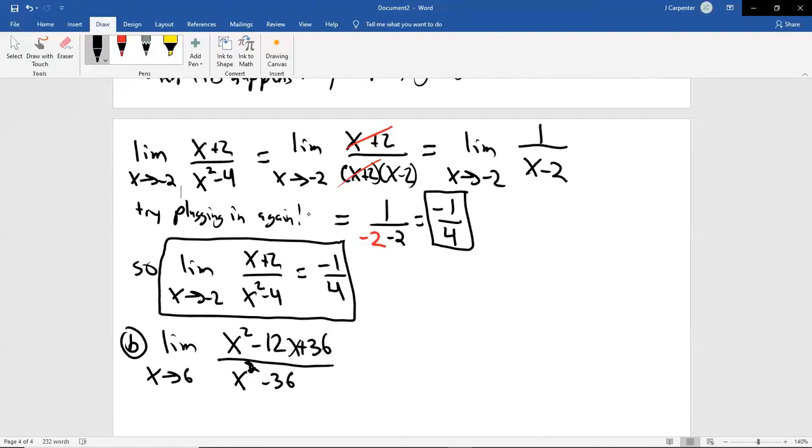So I'm going to go ahead and tell you if you plug in 6 into this problem, I'm not going to show the work. The top and the bottom will both be 0. In the bottom, 6 squared is 36. 36 minus 36 is 0. In the top, 6 squared is 36. That 36 at the end is going to add and make it 72. 12 times 6 is 72, so that's a -72. You have +72 and -72, and they cancel, you get 0 over 0.